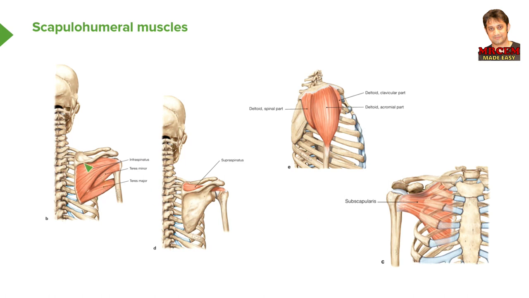This is on the posterior aspect of the humerus, and we also have a muscle on the anterior surface of the scapula. This muscle, in between the scapula and the chest wall, is subscapularis. Subscapularis is running towards the lesser tubercle of the humerus.